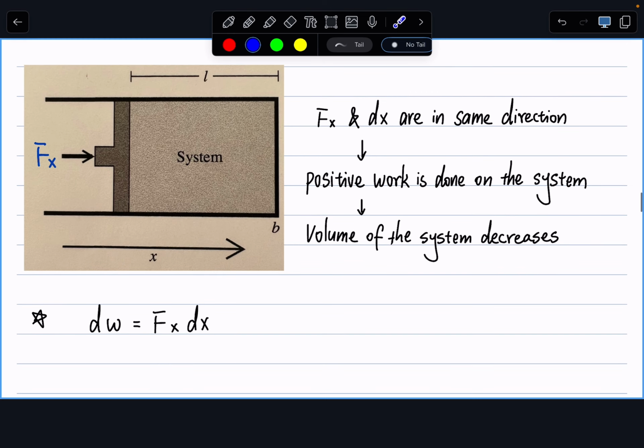In this process, using Newton's law, we have dW equals Fx dx.